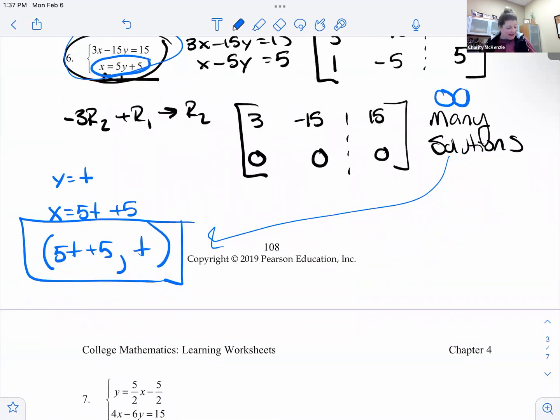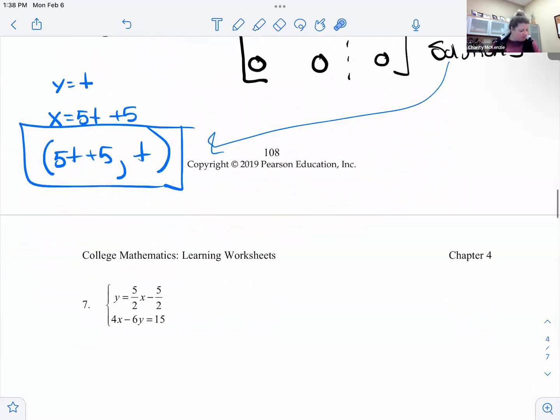That's tricky. I'm not going to lie. Okay, and then some of them could end up with 0, 0, number, and that has no solution. So a row of zeros is many solutions. A row of 0, 0, number is no solution.